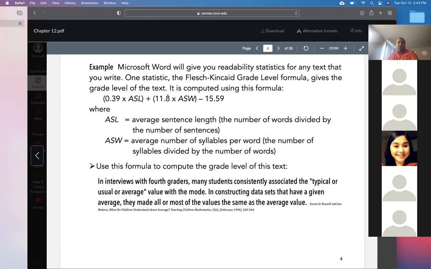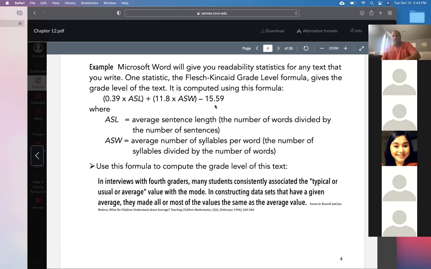And you take the average number of syllables per word. So now we're looking at every single word and the number of syllables, and we divide the number of syllables by the number of words, and we multiply that by 11.8. And then we subtract 15.59. This gives you your grade level, or your grade level of the text. In other words, you're writing at this level.